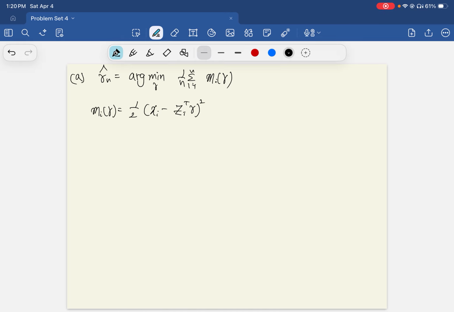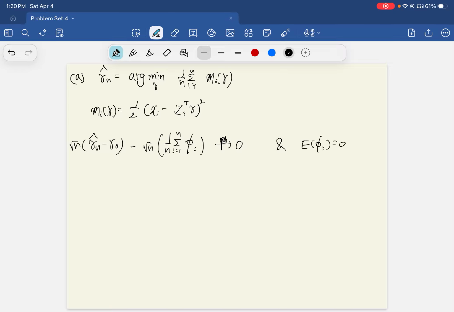And in this case, by the way, what we want here is for this to converge to 0 in probability. So this is the influence function, and the expectation of phi i equals 0. Then we can apply the central limit theorem.